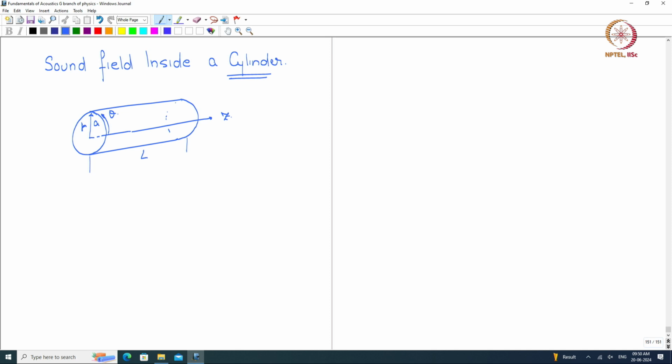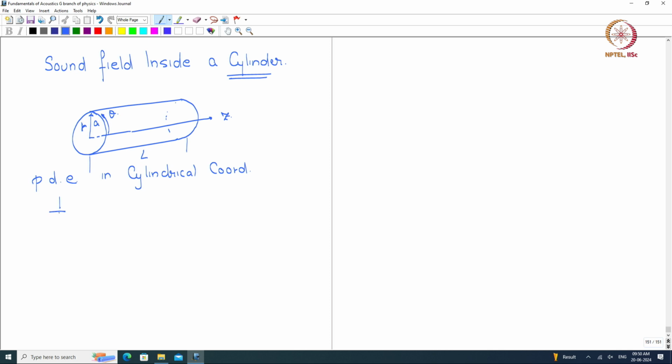So, now the acoustic PDE in cylindrical coordinates. How does it look like?